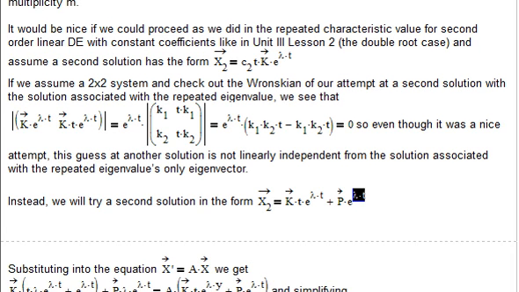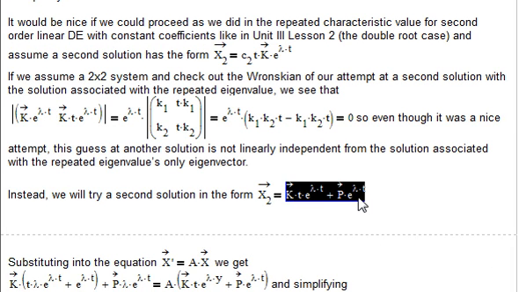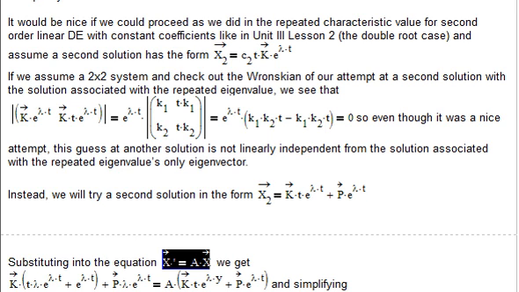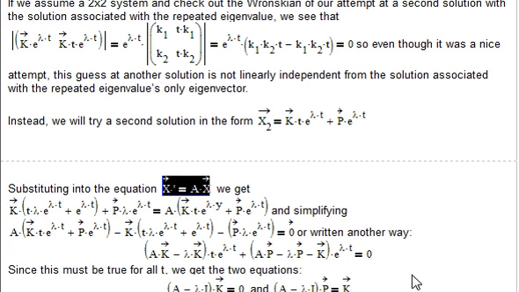So if we take this and substitute into our original homogeneous equation, that means if this is our x2, then we're going to take the derivative of it, and that would be from the product rule on this part, first d second plus second d first, k times t times lambda times e to the lambda t.